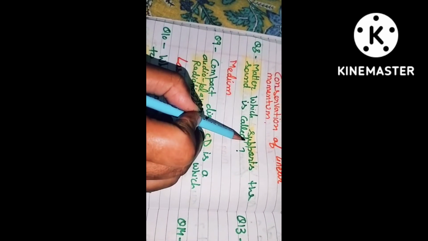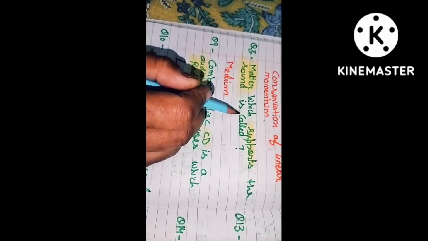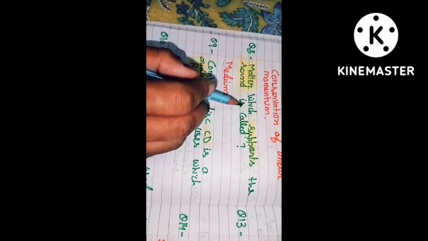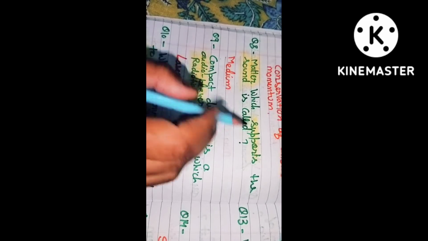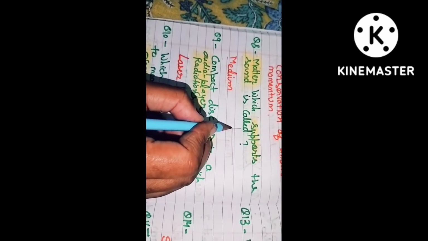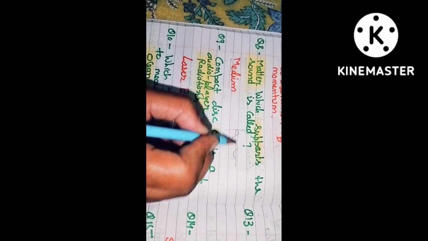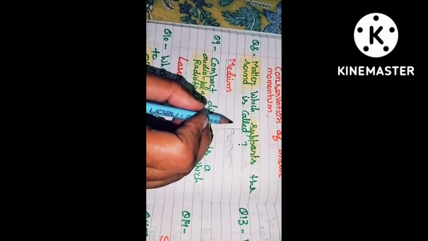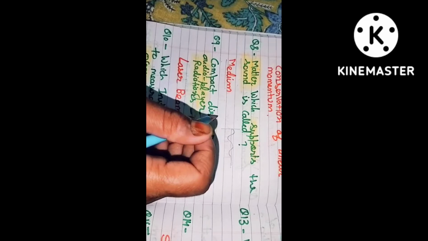The matter which supports sound is called a medium. We know sound travels and propagates from one place to another. Without a medium it is not possible for sound to propagate.